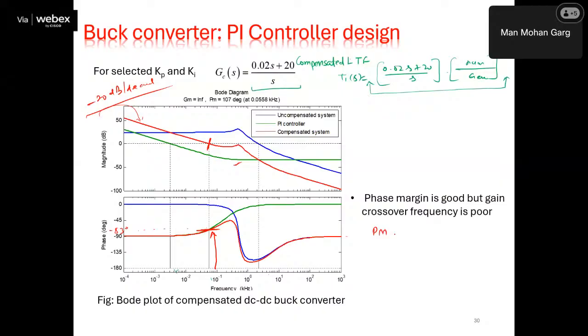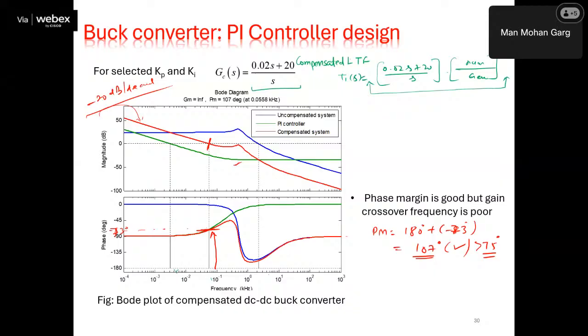So the phase margin will be 180 degrees plus the system phase. It is around 73, not 83. So this will be 107 degrees. Phase margin is 107 degrees. This is definitely greater than 75 degrees. So whatever phase margin I have obtained from the compensated system is correct.